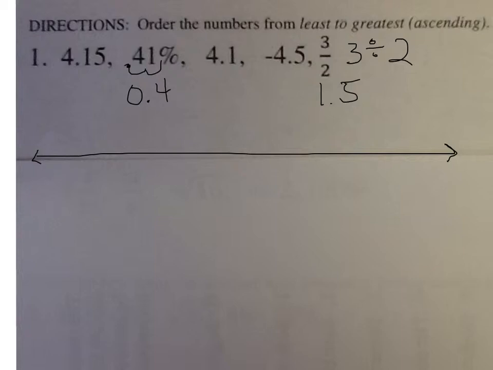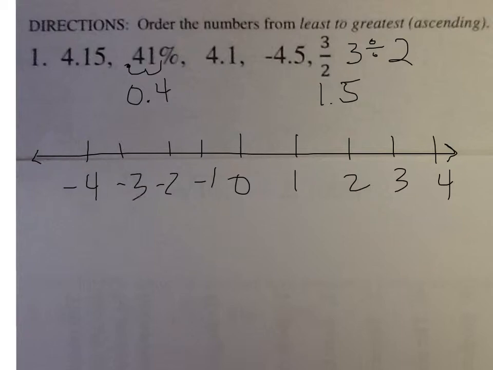I'm going to make my range negative 4, 0, and then 1, 2, 3, 4. And you could, if you wanted, also put the integers in. Now that I've got my number line set up, I'm going to go ahead and start plotting.